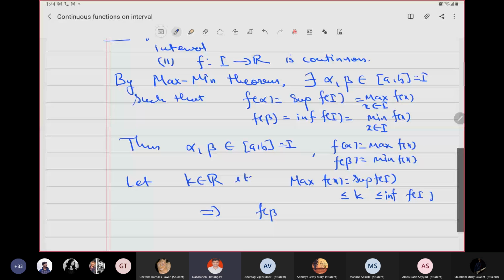See, if either f of beta is equal to k or f of alpha is equal to k, then nothing to prove, right? Because we got the point at which value is k.